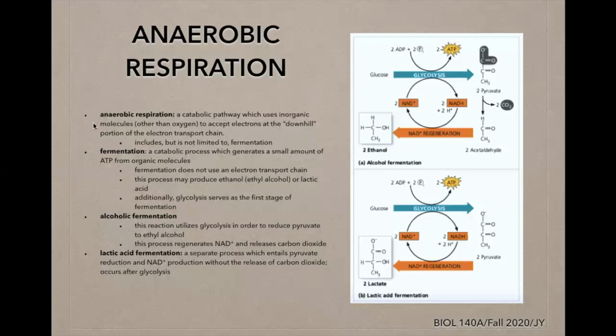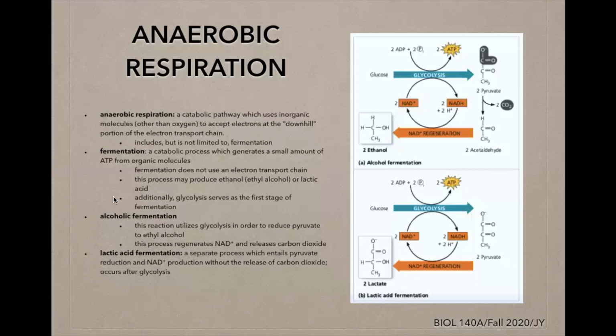However, fermentation does not use an electron transport chain, and because of this, respiration yields way more ATP than fermentation. And so, as I mentioned, fermentation is a catabolic process and it will only make a small amount of ATP. In the absence of oxygen, many cells do use fermentation to produce ATP by substrate level phosphorylation. And as mentioned, glycolysis is the first stage of fermentation.